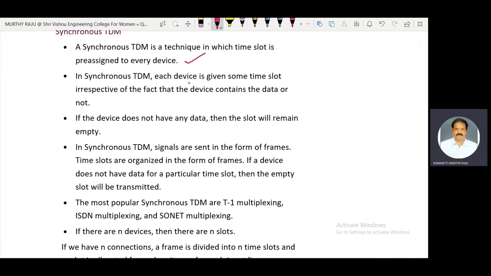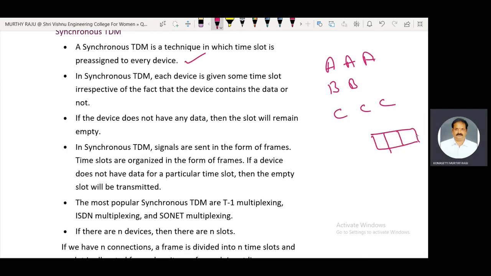In synchronous TDM, each device is given some time slot irrespective of whether the device contains data or not. Here, for user A, the information is A. For user B, the information is like that. How do we form the frames?